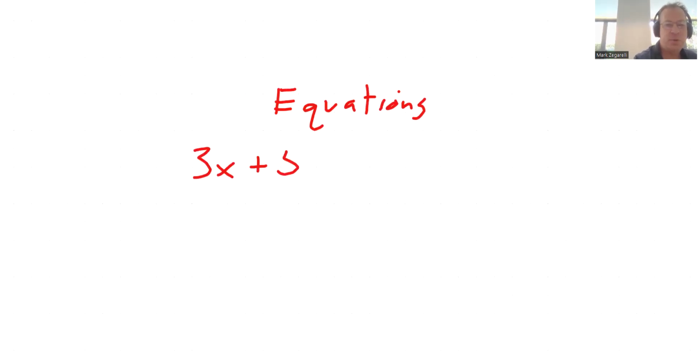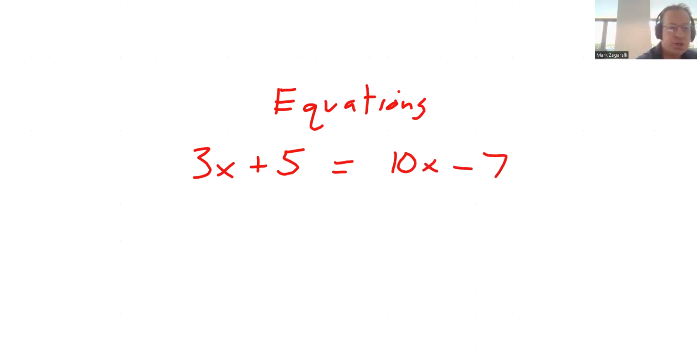Algebra. Now we're going to talk only about algebra, where we concern ourselves with equations. Like 3x plus 5 equals 10x minus 7. You'll be doing equations as complicated as this in pretty short order.